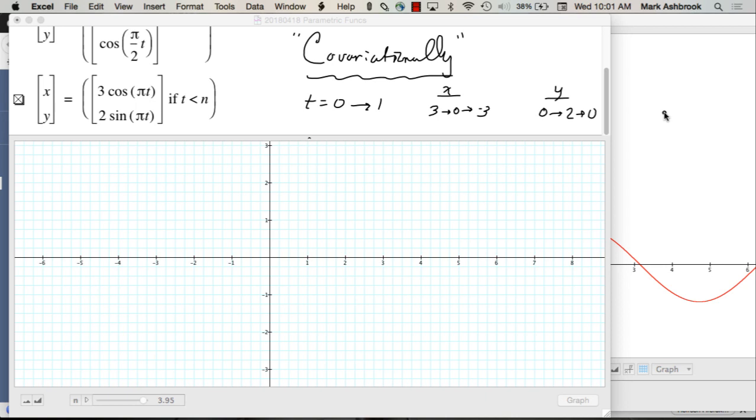So we're going to start at x equals 3, and we know x is going to go through 0 and end up at -3, as y does what? Starts at 0, goes up to 2, and back down. So can you imagine how that will play out with the ordered pairs, right? So as x goes from 3 to -3, and y goes from 0 up to 2 and back down to 0, what will we get?